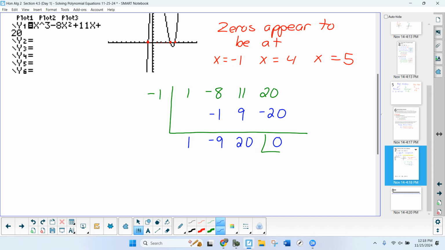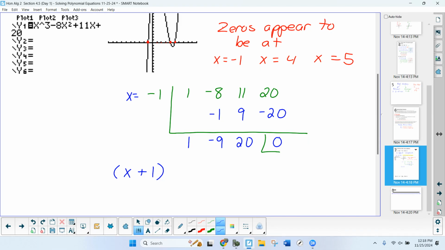Now, this is where we did that problem last week. If x is equal to negative 1, what's the factor? Do you remember? This is where you bring it back over. So it'd be x what, Jack? X plus 1.